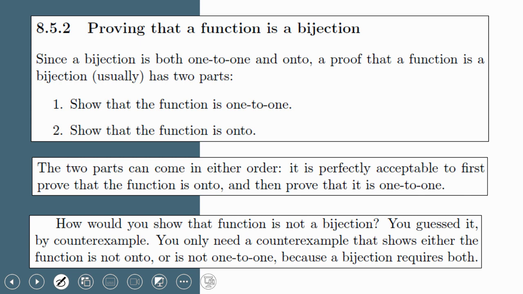How would you show that a function is not a bijection? You guessed it, by counterexample. You only need a counterexample that shows either the function is not onto or it is not one-to-one, because a bijection requires both.